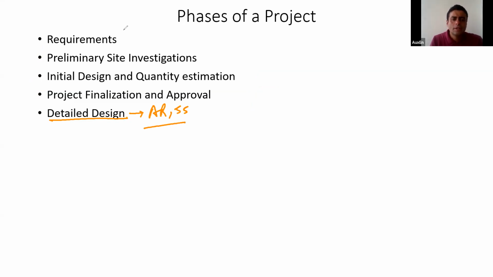Initially, even architects may prepare some basic proposals and working plans, and those basic proposals will then be discussed with the client. If the client approves, then we will start preparing the final proposals, final drawings, and final designs.